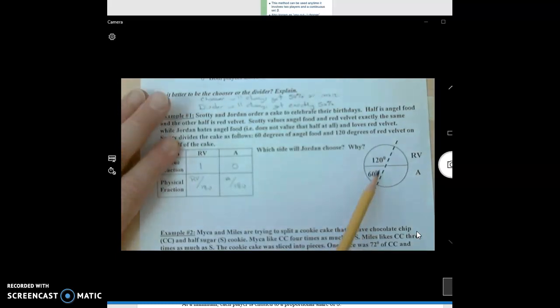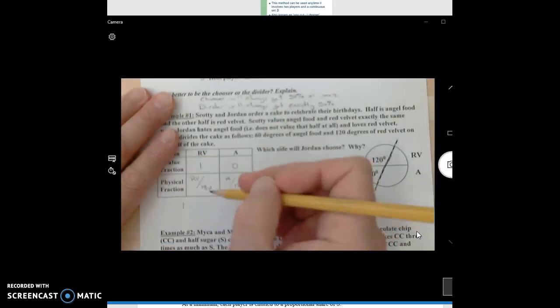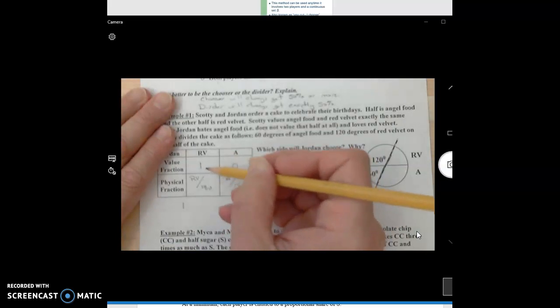So if you think about it, let's do the one side of the cake. The cake's being cut like this. So you've got 1 times, remember, like in the last thing, we do this times this plus this times this.